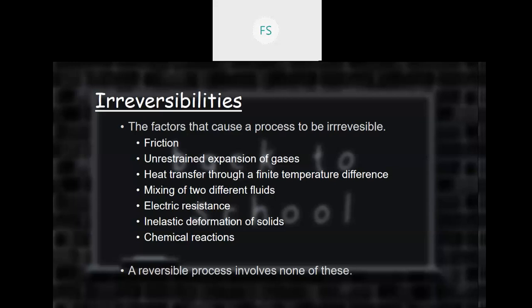In other words, an irreversible process is a real process. Reversible is an ideal process. So we are interested in the reversible because it is an ideal process. From there, we want to compare with the real one, the irreversible process.